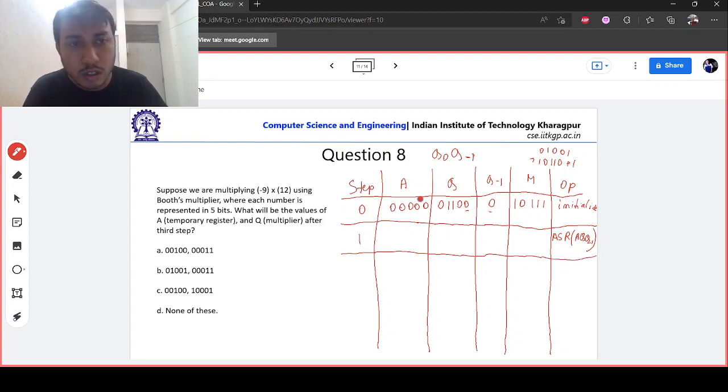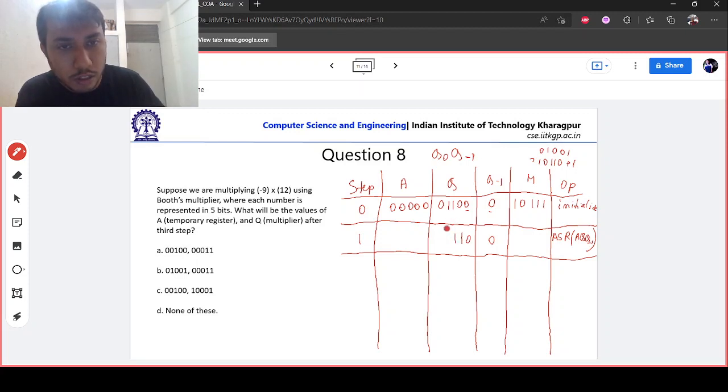So what will be the value if we shift this? Basically, we consider all these as a single element and shift one to the right. So this 0 will be shifted here, 0. Then the 1 here will be shifted here, 1. This one will be shifted here, 1.